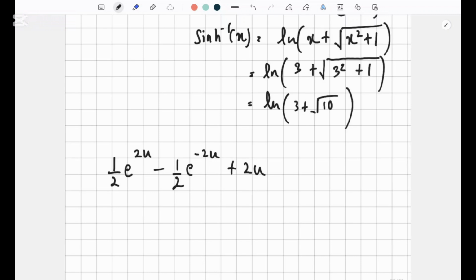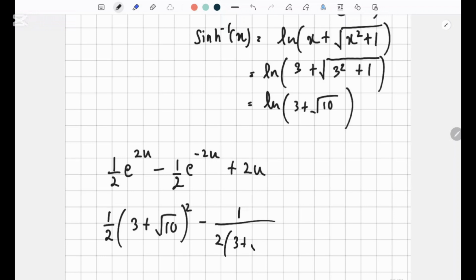So you can write half into e, so half into 3 plus root 10 squared, right? Minus 1 over 2, 3 plus root 10 squared. So you push the power minus, I'm just taking it down, plus 2 into 3 plus root 10.